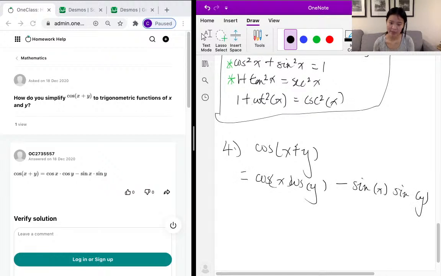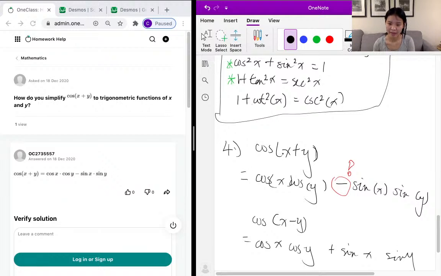While you're memorizing the sum and difference identities, you really need to pay attention to the signs, because the signs are weird. For cos of x minus y, we have cos x cos y plus sin x sin y. But for cos of x plus y, we have cos x cos y minus sin x sin y. So the sign is different for cos.